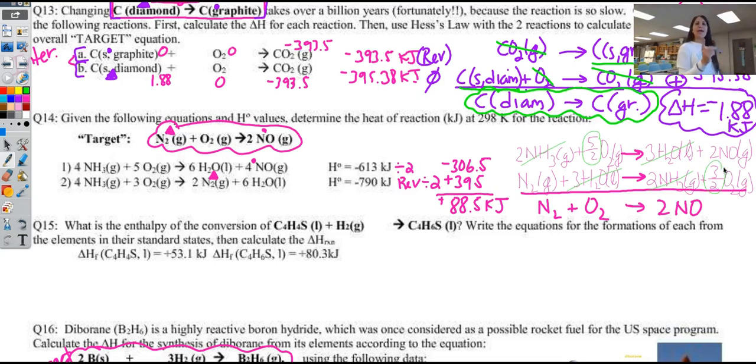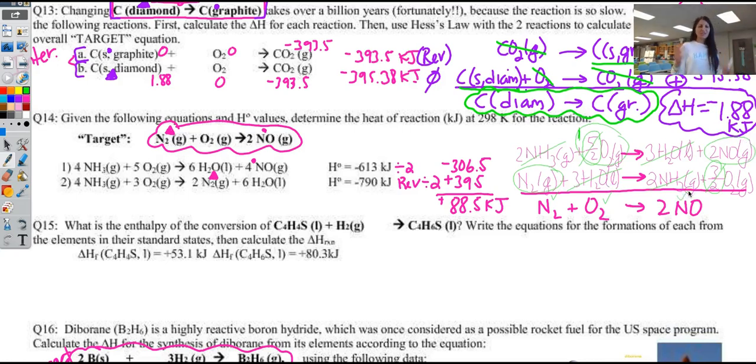Well, if you subtract 5 halves minus the 3 halves, you get 2 halves, and 2 halves is the same thing as 1. So actually, I can cancel out the 3 halves, and when I do that, I am simply left with 1 oxygen. Perfect, because I've got N2, which checks right there. I have my 1 O2, which checks right there, and my 2 NO gas, which checks right there.